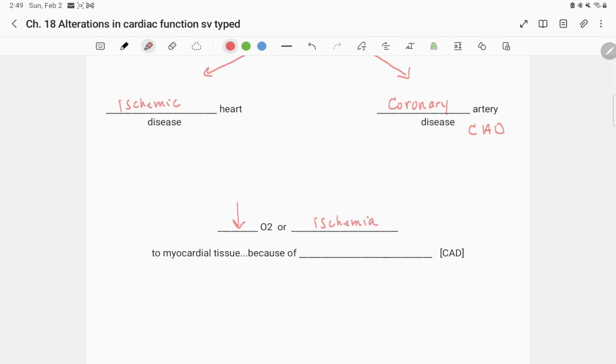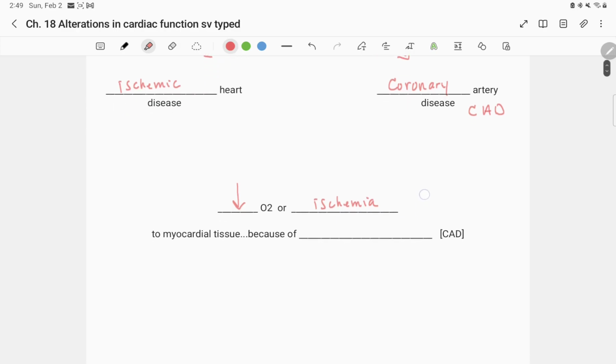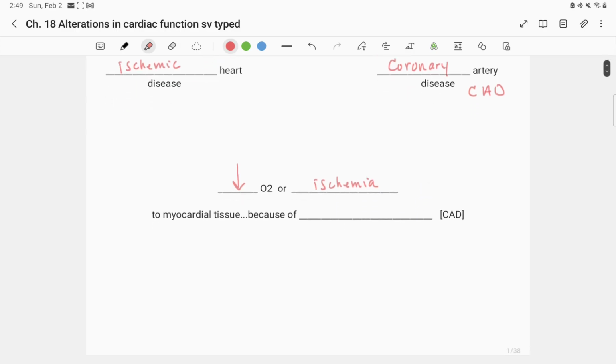So the fancy word for decreased oxygen is ischemia to myocardial tissue because of atherosclerosis, which is a coronary artery disease.